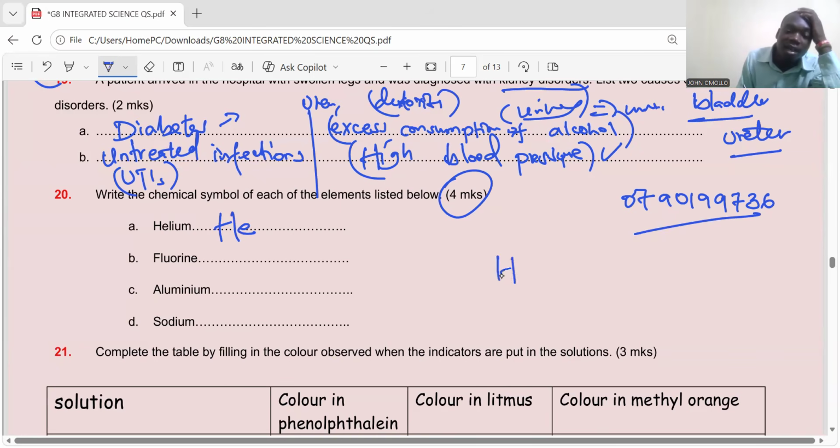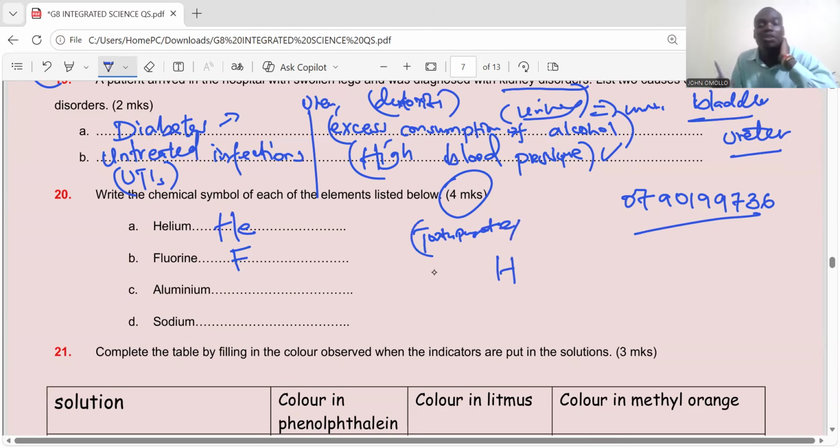That for hydrogen is just H alone. But for helium, there must be a capital H and a small e. And then fluorine. Fluorine is capital F. Remember, fluorine is found where? In the toothpaste. So that is one of the commercial uses of the element fluorine.